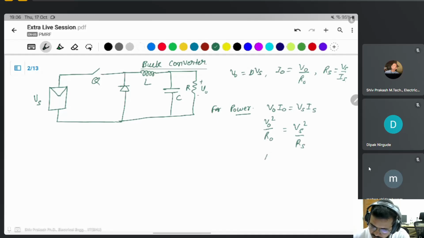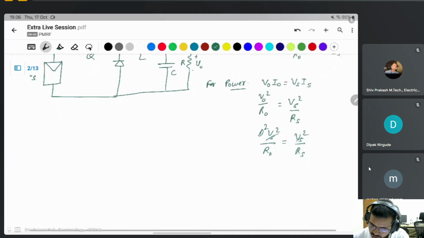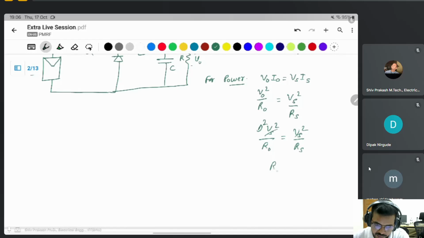V naught is equal to D Vs, so V naught square is D square Vs square. Vs square will cancel out, so R naught is equal to D square into Rs. This will be required for impedance matching for maximum power transfer.